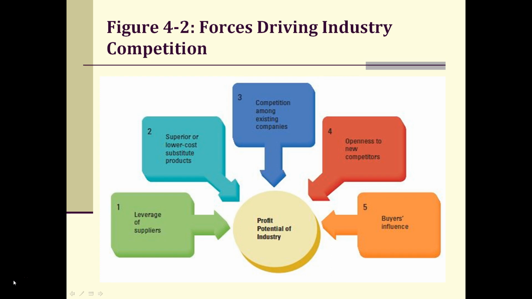Actually, Michael Porter, who is an authority on competitive strategy, contends that a corporation is most concerned with the intensity of competition within its industry. So the level of this intensity is determined by basic competitive forces, such as those depicted in figure 4.2.